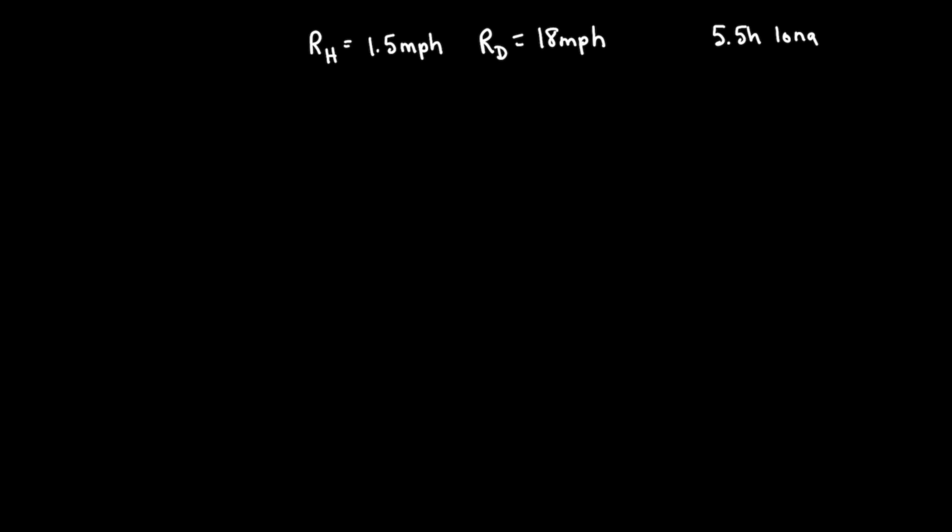And we know that it's going to take 5.5 hours longer to hike than it is to drive. So if it's 5.5 hours longer, the numerical value is going to be 5.5 hours more to hike. So we would add 5.5 to the driving time to equal the hiking time.